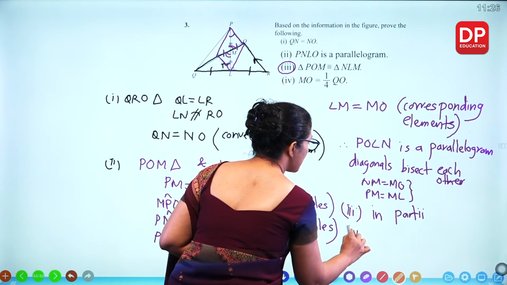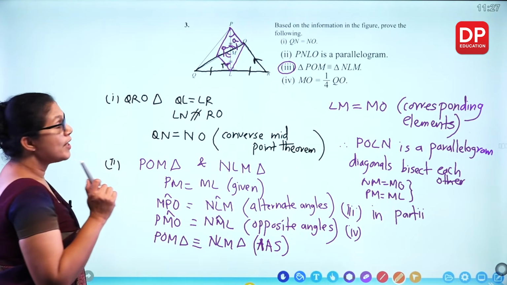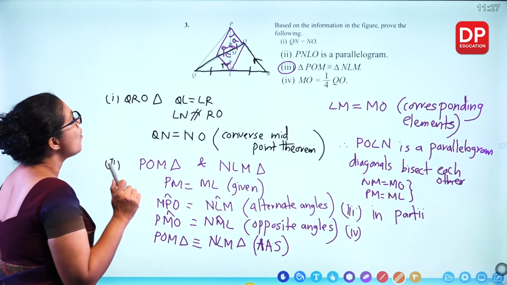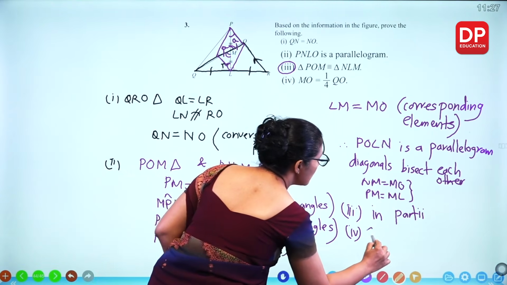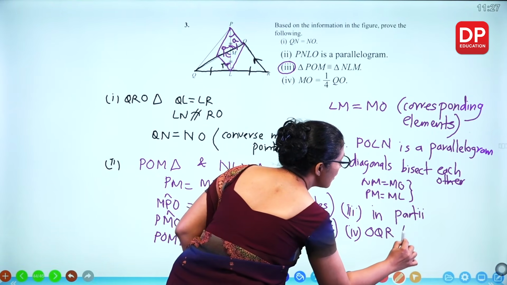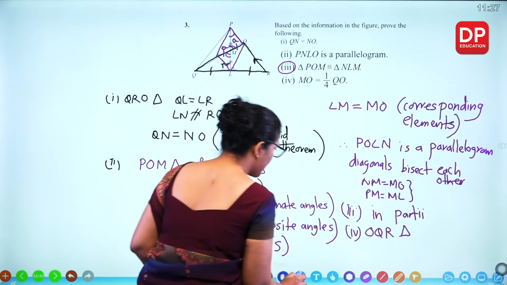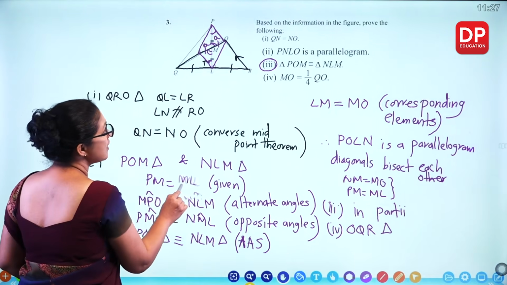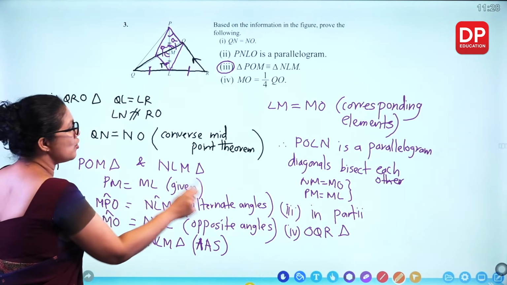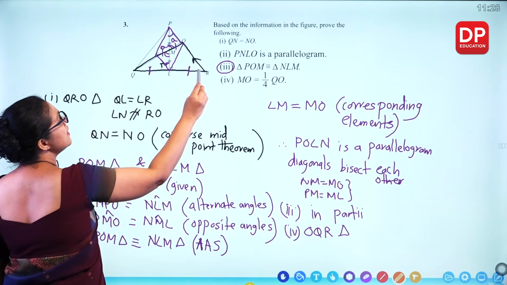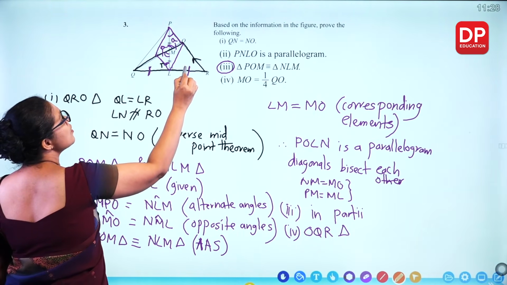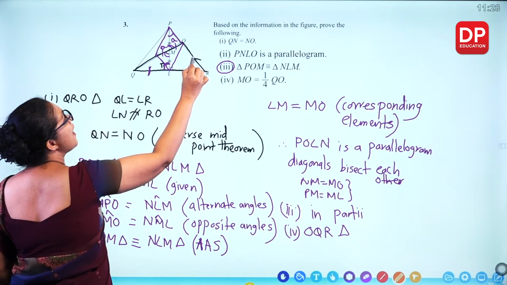And fourth part. Now when you look at OQR triangle, what can you say about OQR triangle? Look carefully. When you take OQR triangle, this is equal to this one, and these two are parallel.